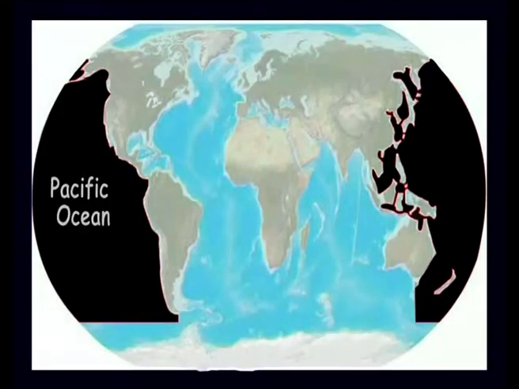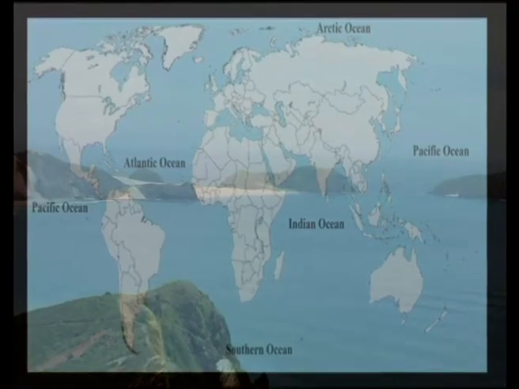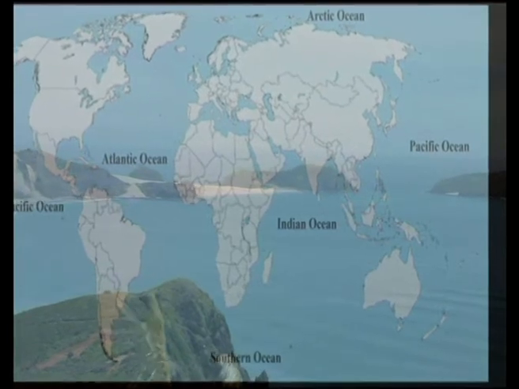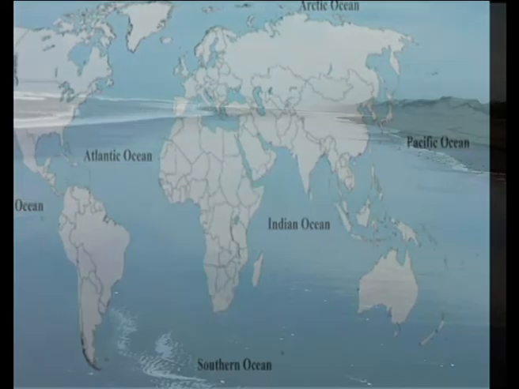However, the equatorial counter current is much better developed in the Pacific Ocean than in the Atlantic, largely because the Pacific Ocean basin is larger and more unobstructed than the Atlantic Ocean.